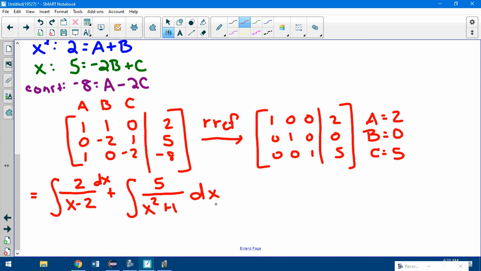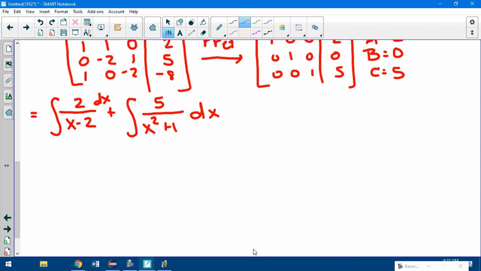And all I have to do is integrate both of those. Well, this first one will be easy. The 2 will come out front. Then it's just first degree on the bottom. So u would be x minus 2, du over dx is just dx. So nothing weird is going to come out front. And you'd have 2 ln of the absolute value of x minus 2.